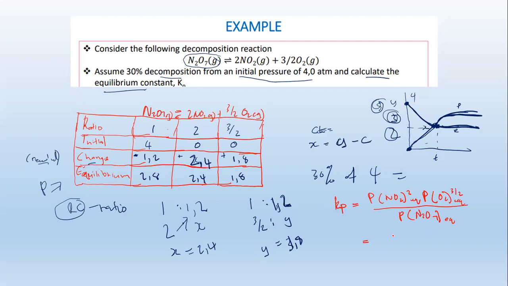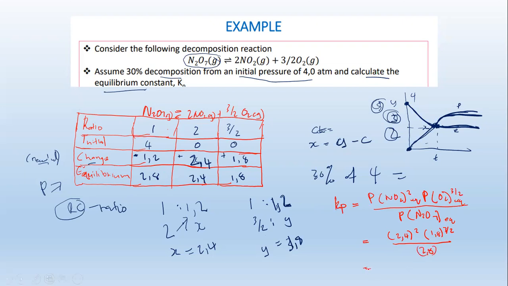In this case, we're going to have 2.4 to the power of 2, multiplied by, what is the pressure of oxygen at equilibrium? It's 1.8 to the power of 3 over 2, divided by, what is the pressure of N2O7 at equilibrium? That's simply 2.8 to the power of 1.